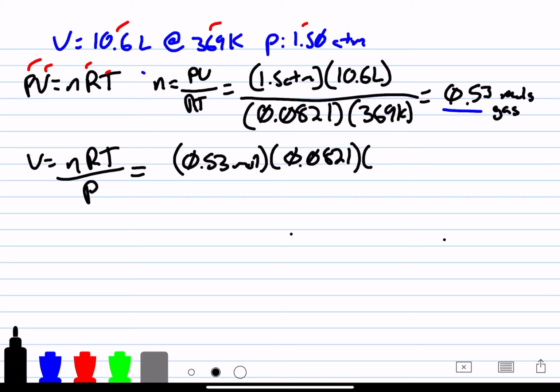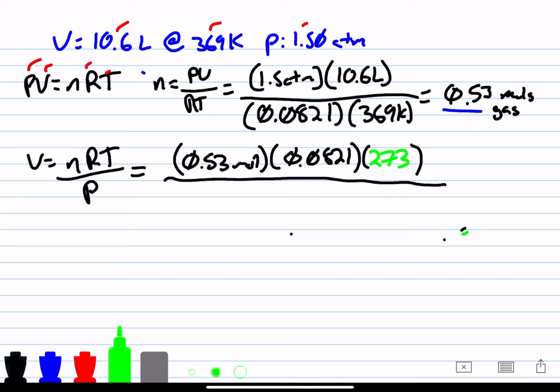Now we changed to 0 degrees Celsius, which is 273 Kelvin. Okay, so our temperature changed there. And to note that it changed, I'll write it in green. So 273. Also, our pressure changed. We went from 1.5 to 1. So I'll write that in green as well.